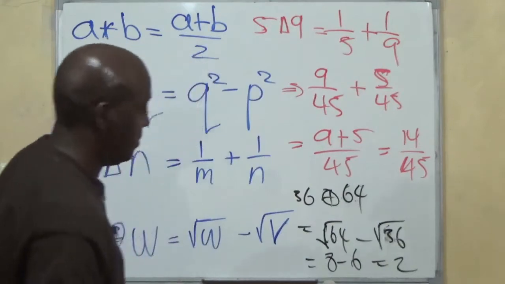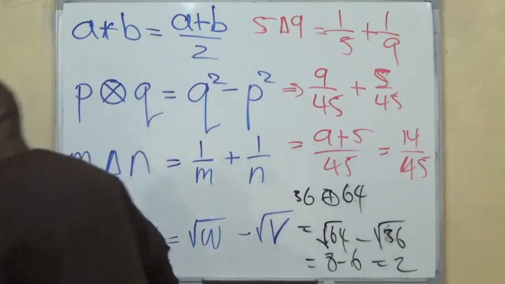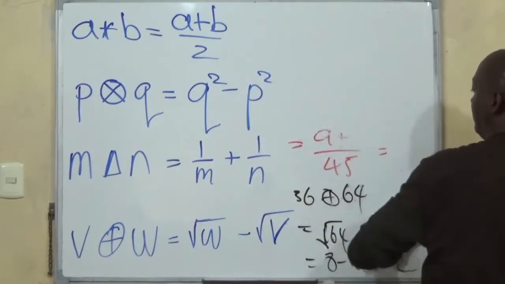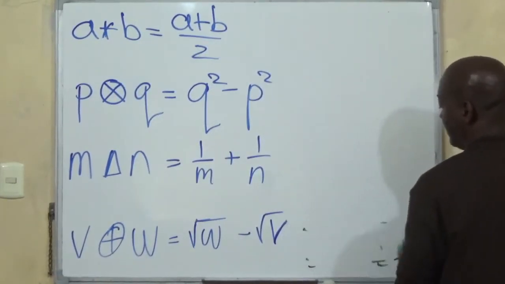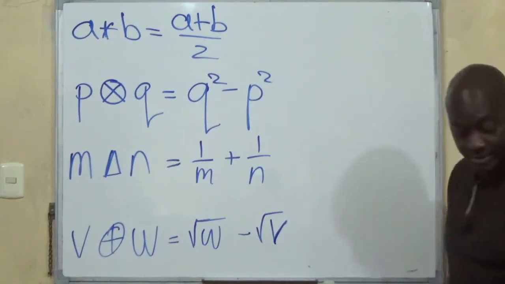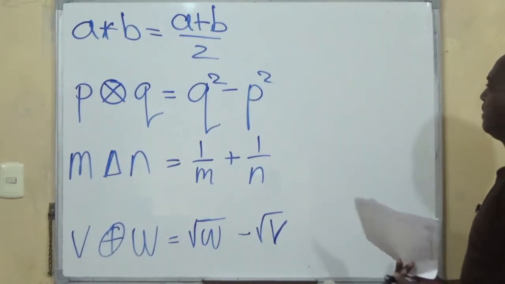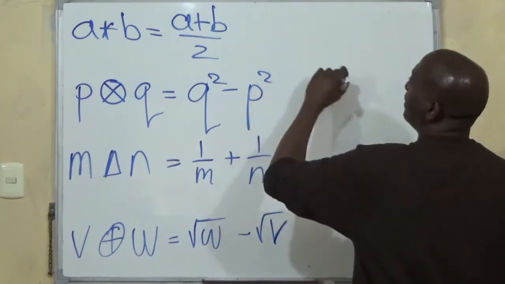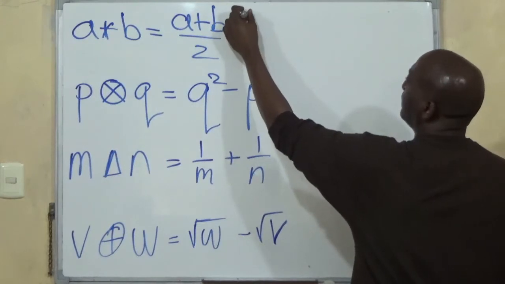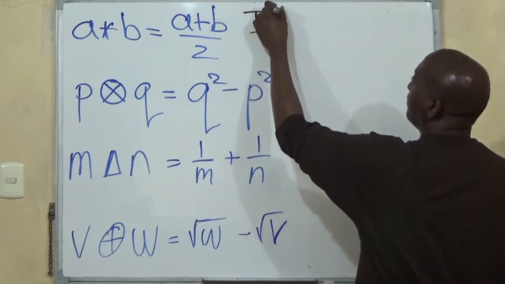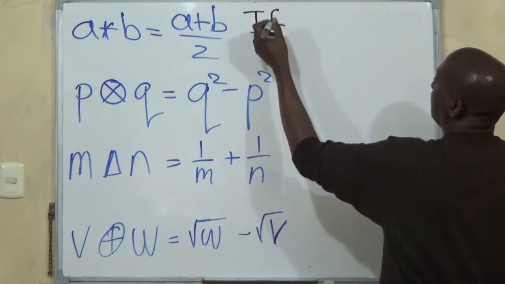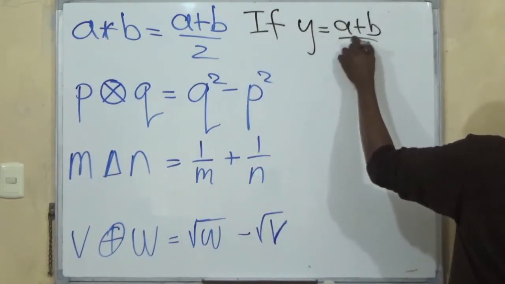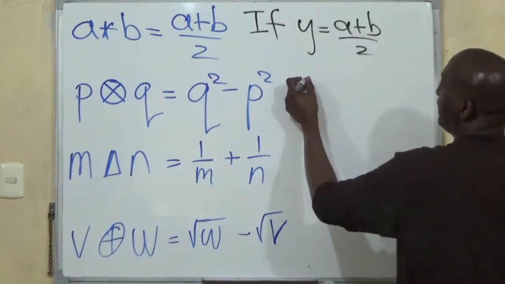Now I want you to watch carefully here. I could say, for example, if y is equal to a plus b over 2, right?